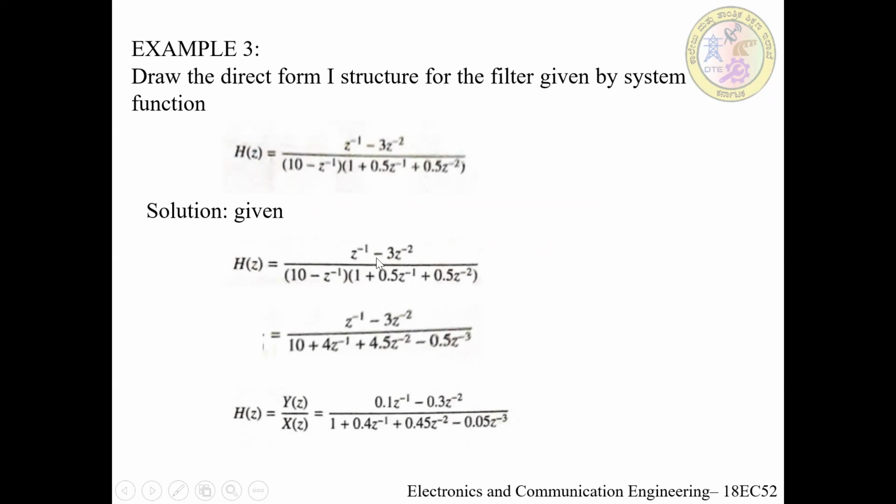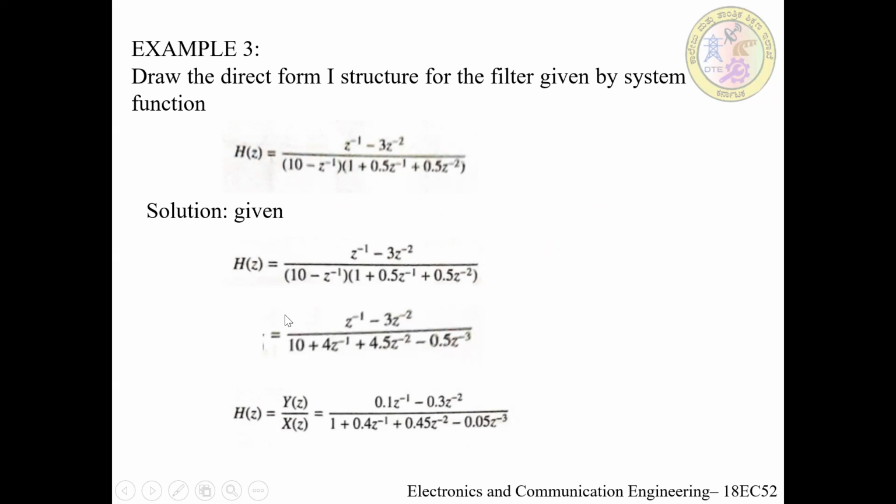Now we have to simplify this denominator just by multiplying these two terms. We obtain z inverse minus 3 z to the power of minus 2 divided by 10 plus 4 into z to the power of minus 1 plus 4.5 into z to the power of minus 2 minus 0.5 z to the power of minus 3.